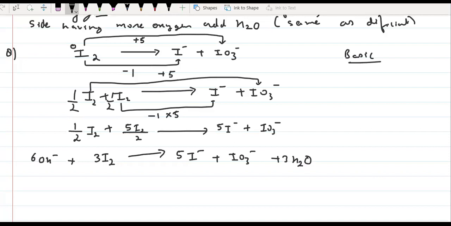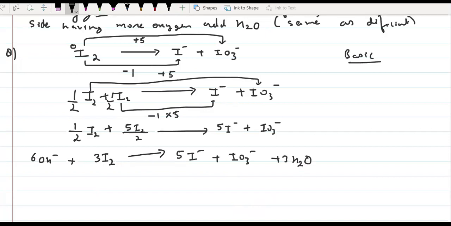Balanced, everyone? Tell me yes or no. Guys, are you getting this? If you're getting this for disproportionation reaction, please raise your hand. If you're not getting it, please ask. So this is how you balance a disproportionation reaction.